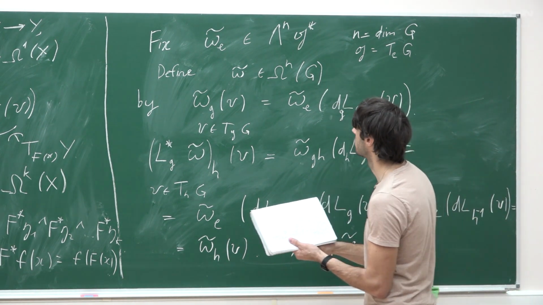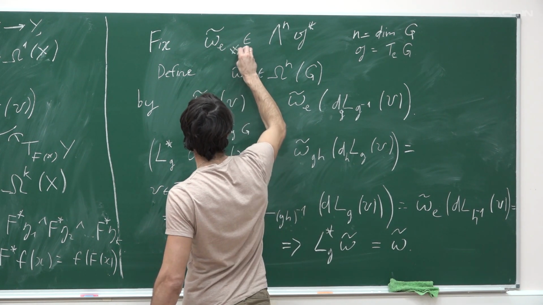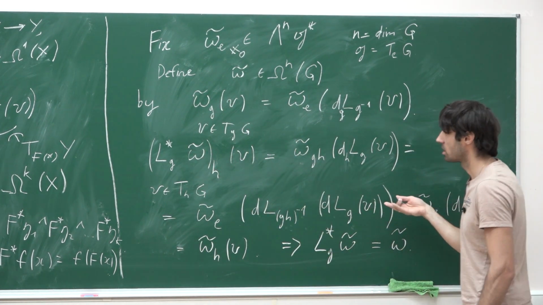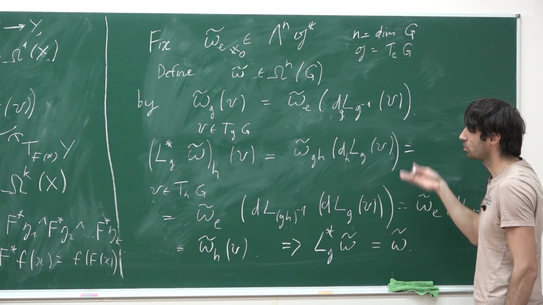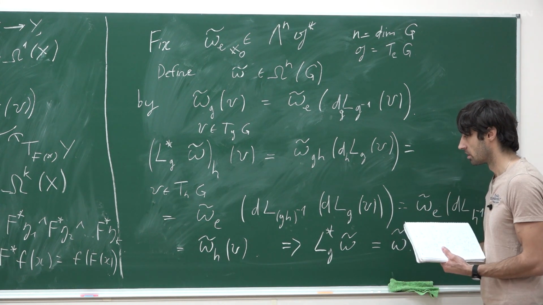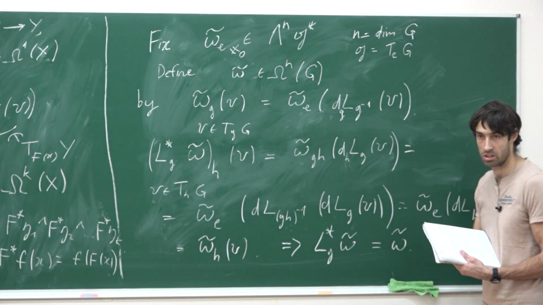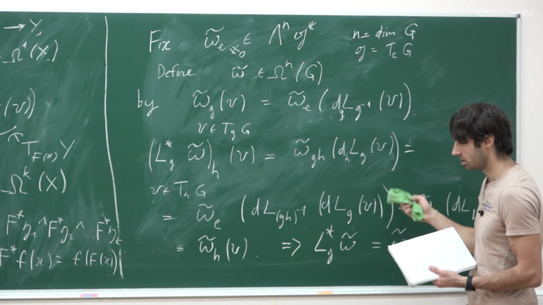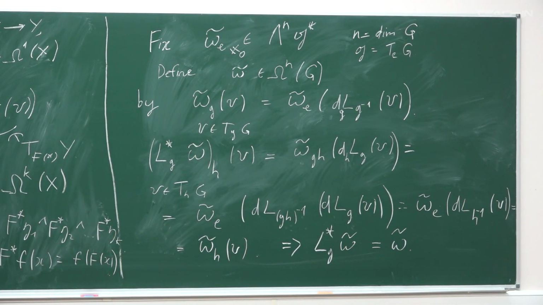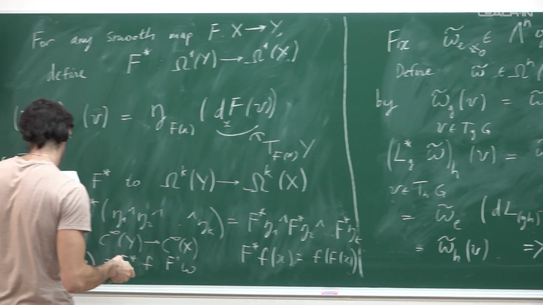Of course, I would like it to be not zero, otherwise this all makes no sense, right? And so I chose some non-zero element. I would like to renormalize it so that the integral over the group becomes just 1. That's why I'm writing omega tilde for now.